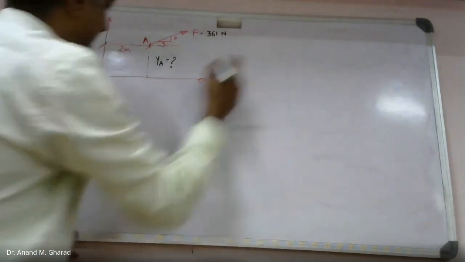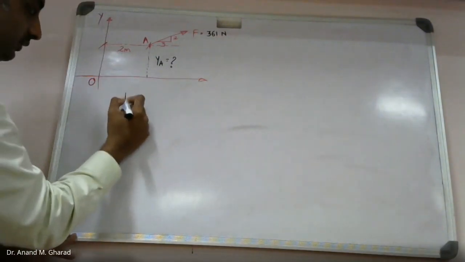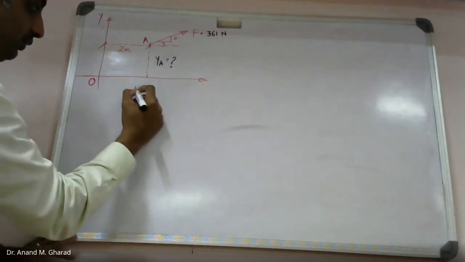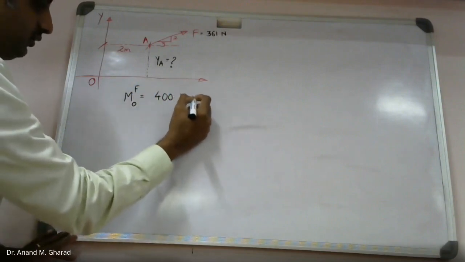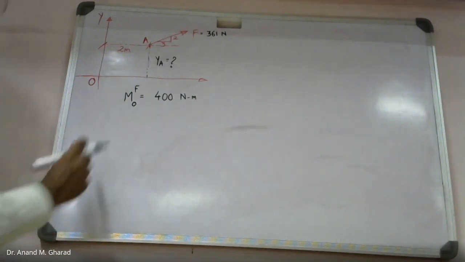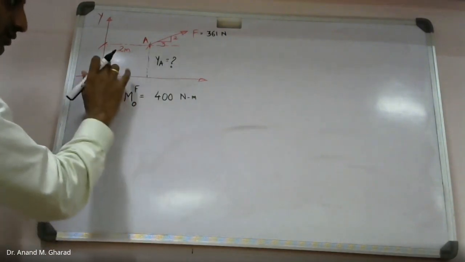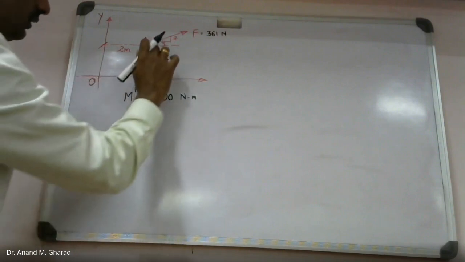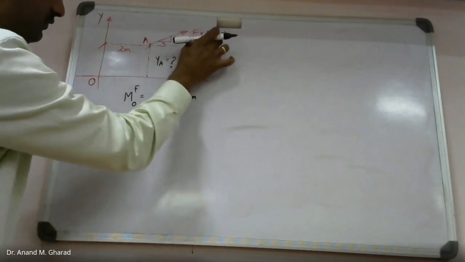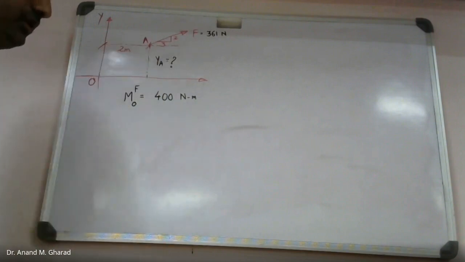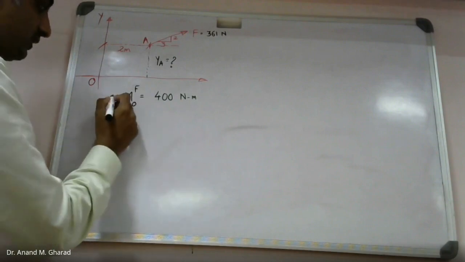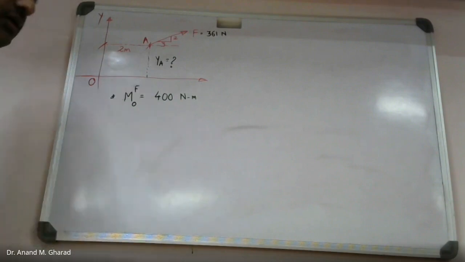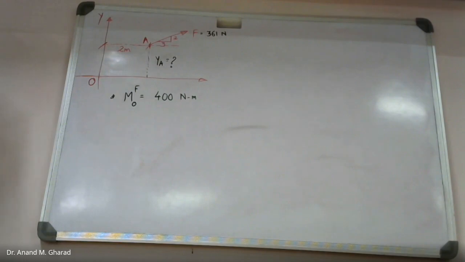So can I say that as per the given information, the moment about point O due to F is 400 Newton meter? Do you agree? This is actually given in the problem itself, but it is not shown in the diagram. What is shown is the magnitude of the force and its direction. But this information is told in the form of a statement, so that statement has been converted into equation form. Is this understood?